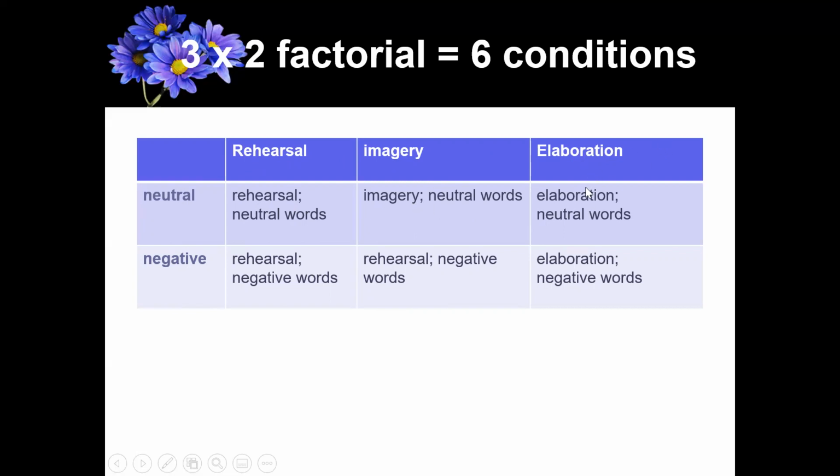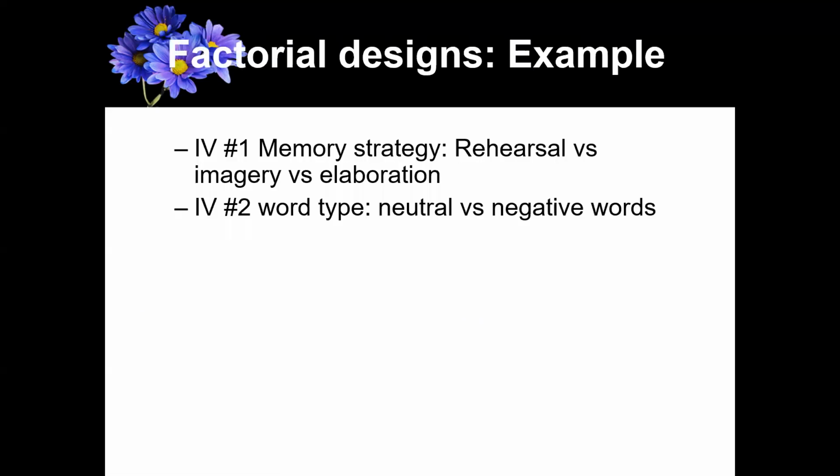Elaboration for neutral words. Rehearsal for negative words. Oh, sorry, that's just a typo. This should be imagery for negative words. And then elaboration for negative words. Again, just crossing these 2 factors into the 6 possible conditions. Right?